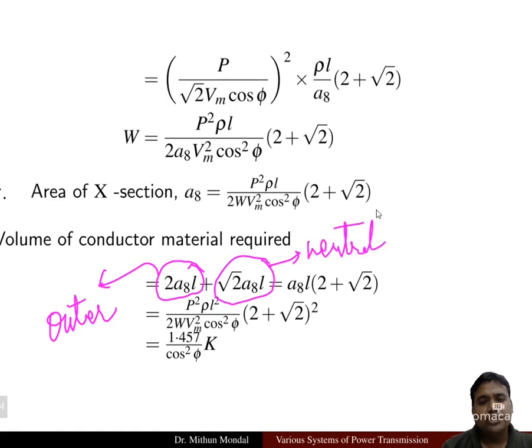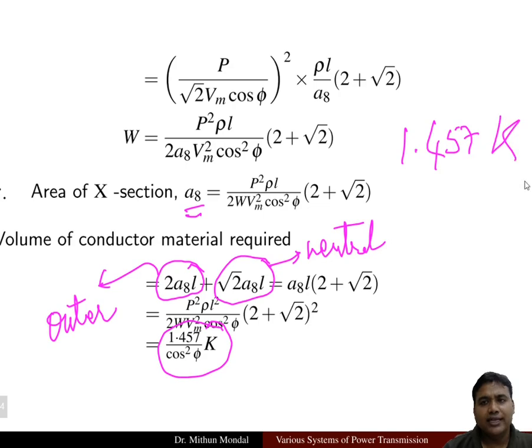So substitute the value of the area of the cross section A8, then you will get that the comparison basis you are getting is 1.457 into K, that is the comparison basis, divided by cos square phi. So this is the volume of the conductor material to be used for this particular case.